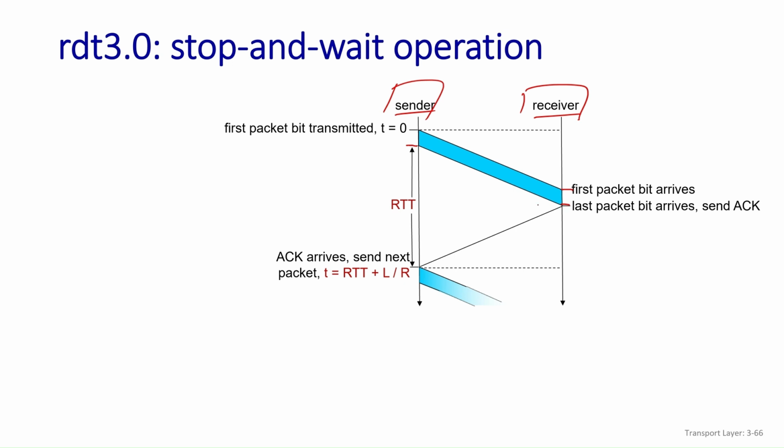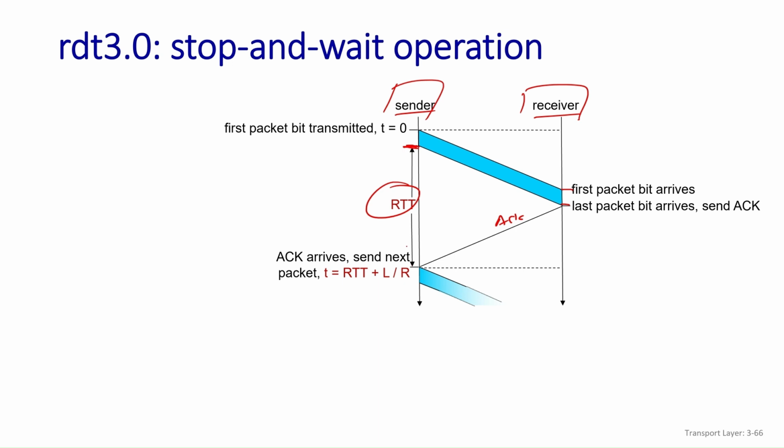And then this is the acknowledgement generated by the receiver, and this is the time taken to transmit a packet and then receive its acknowledgement, known as RTT. The time required to send a packet and receive its acknowledgement.